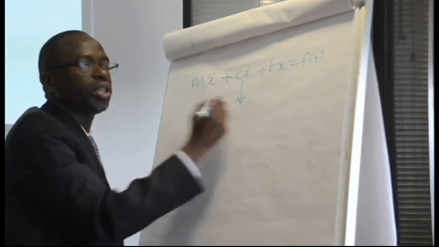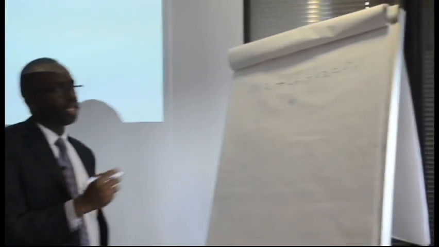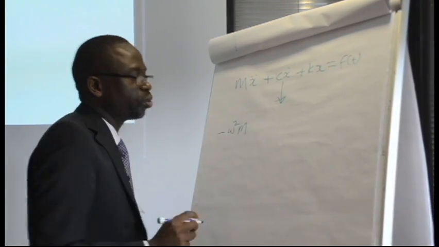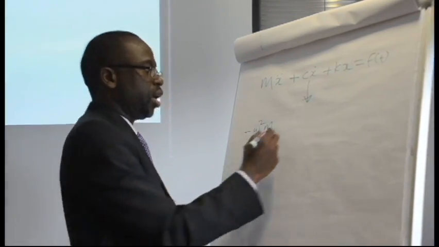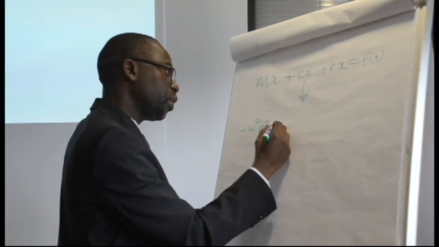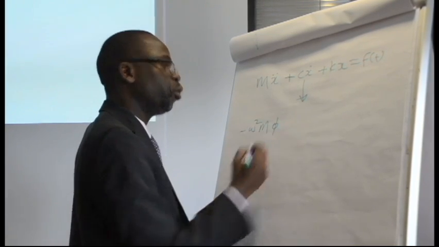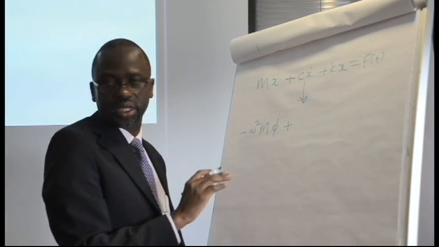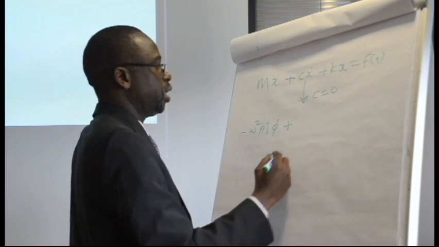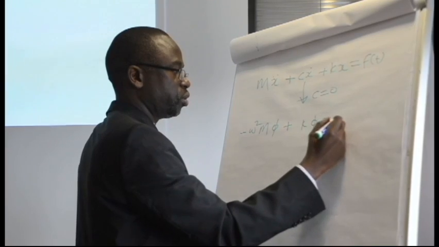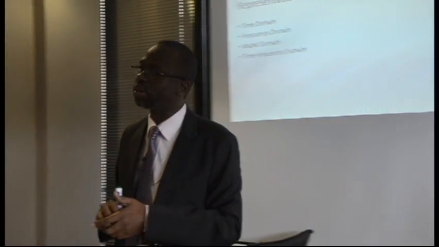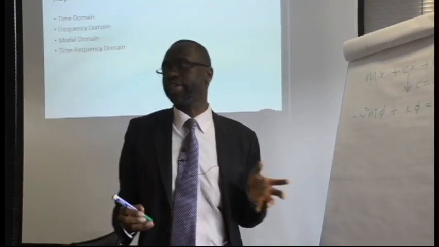If you were to take it to the modal domain, then it becomes minus m omega squared multiplied by the mode shape, plus k times the mode shape equals 0. I'm going to assume that damping is 0, let's suppose c equals 0. The reason why I'm assuming c equals 0 is because if you don't, your whole problem becomes complex.